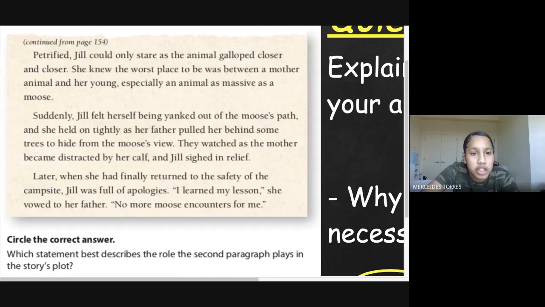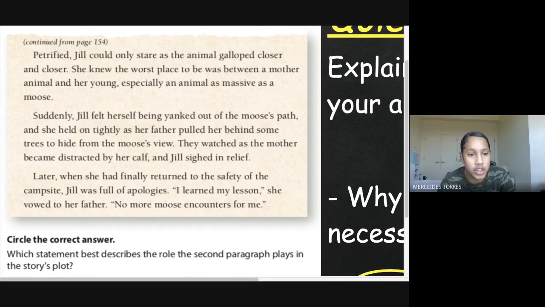Suddenly, Jill felt herself being yanked out of the moose's path, and she held on tightly as her father pulled her behind some trees to hide from the moose's view. They watched as the mother became distracted by her calf, and Jill sighed in relief.